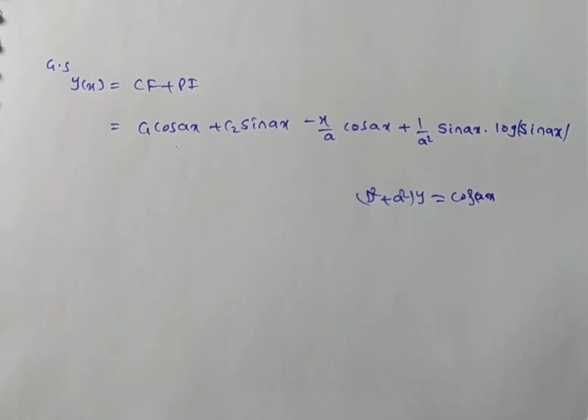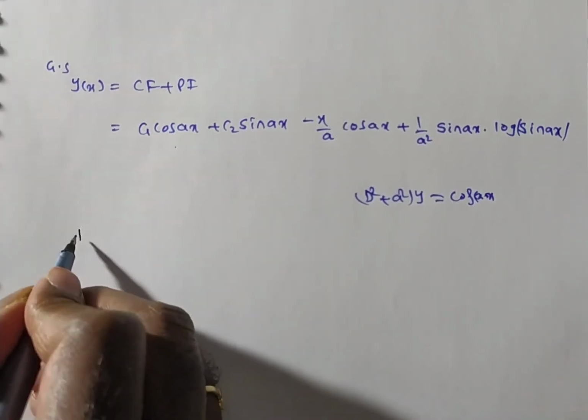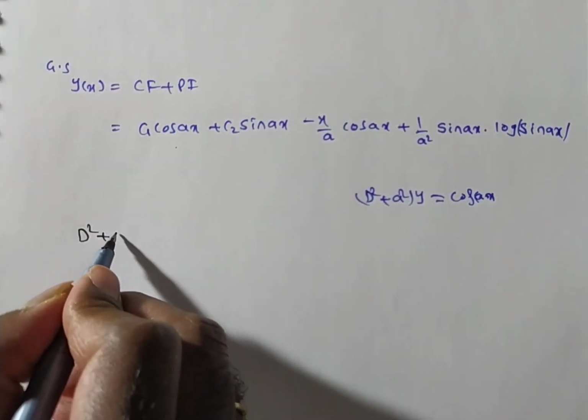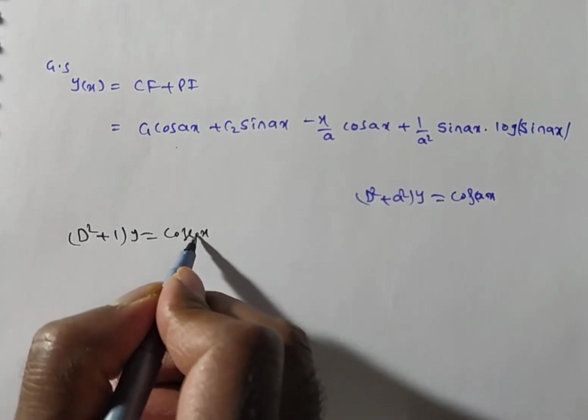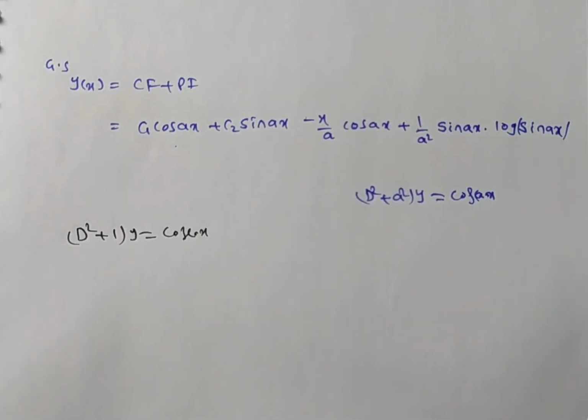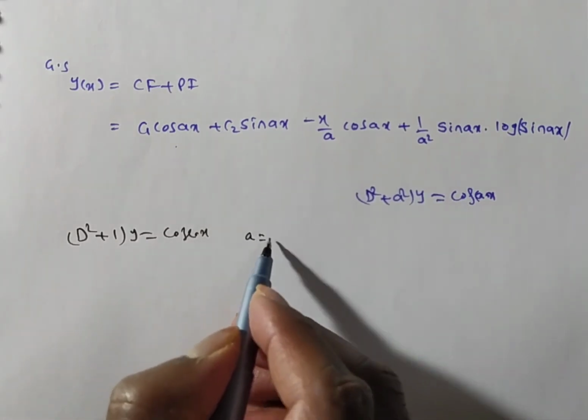But friends, you see, they have given another problem. That is, the second problem is d square plus 1 into y is equal to cosecant x. So what we have to do here? In the general solution, we have to put a is equal to 1.